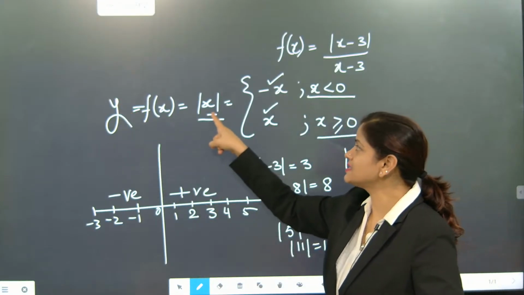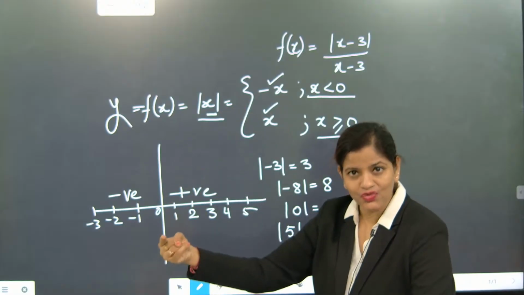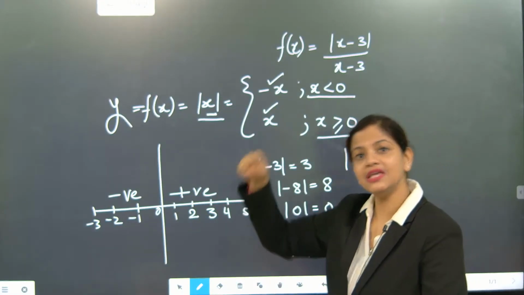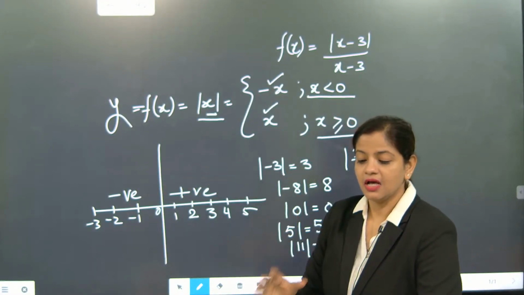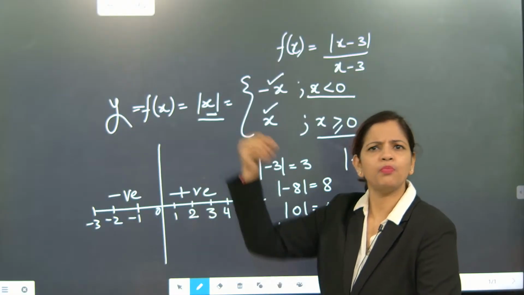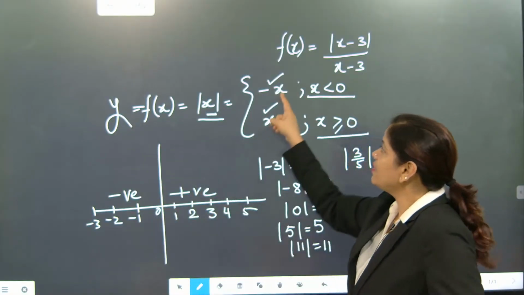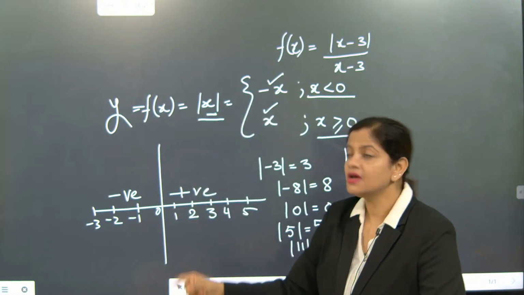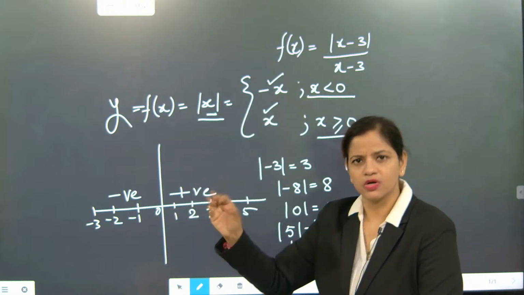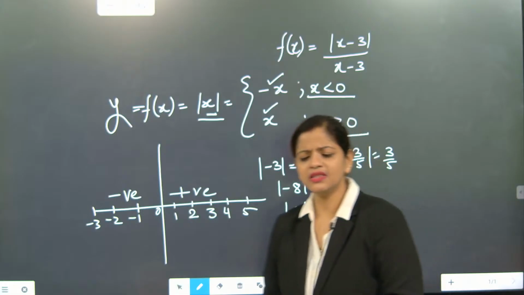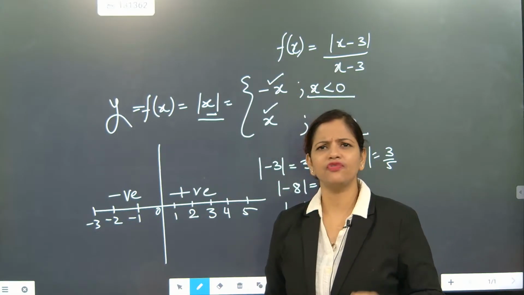So this x can be positive and this x can be negative. That's it. When we put positive, the answer is coming positive. When we put negative, the answer is coming positive. Done? Then how can we apply it for limits?